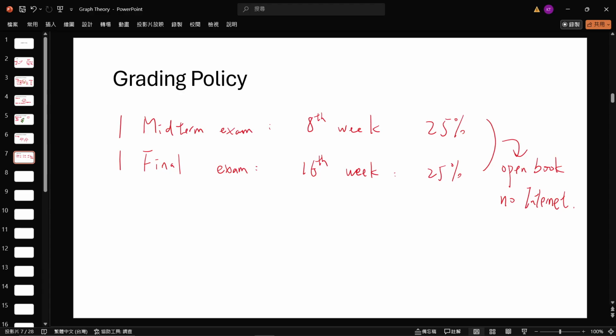And we have 2 assignments. Each accounts for 10%. The purpose of these assignments is to help you prepare for the exams.